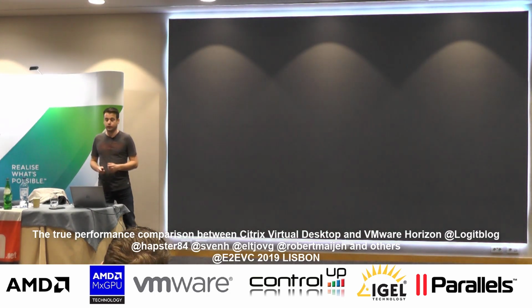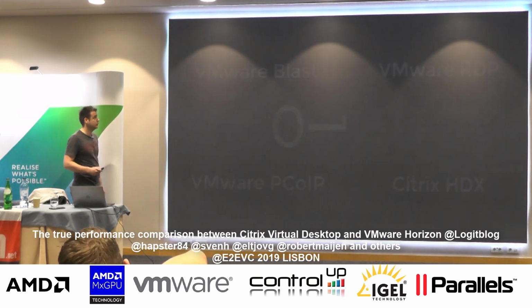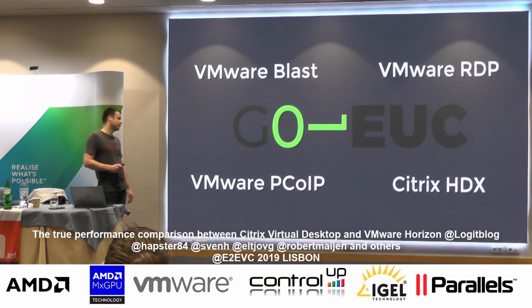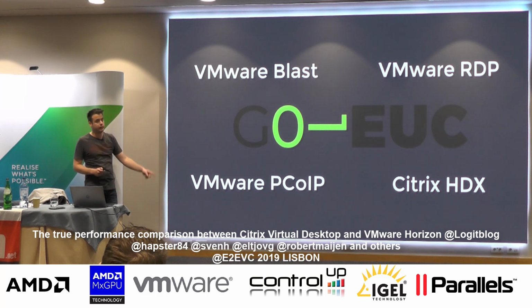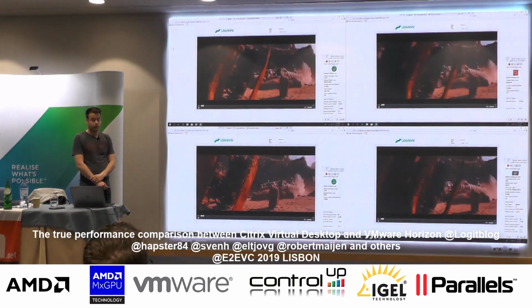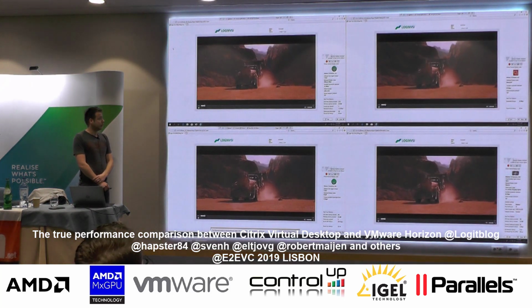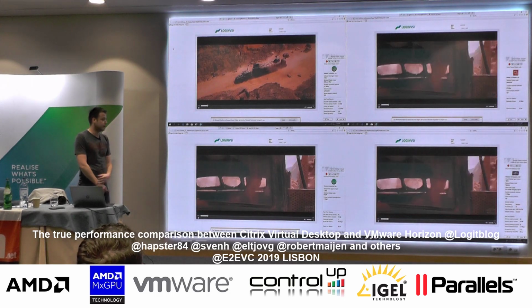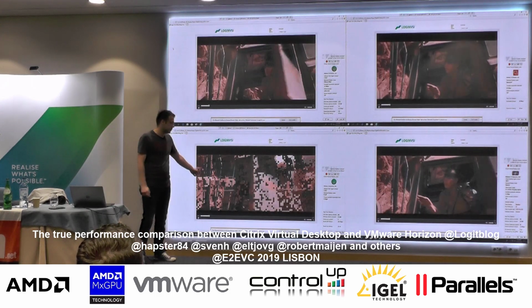So let's look at the video. And this one doesn't have any audio because the player didn't provide the audio. But it's similar to compare. In this case, we use the 60 frames video. And here you can see that some are really struggling, especially PC over IP.